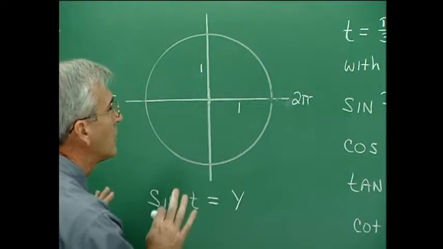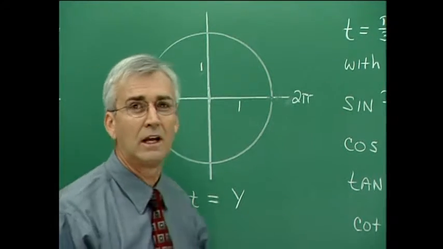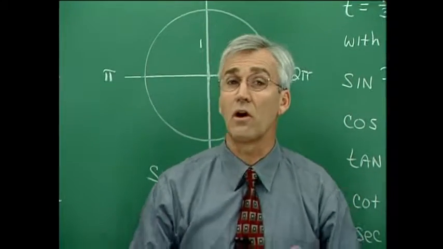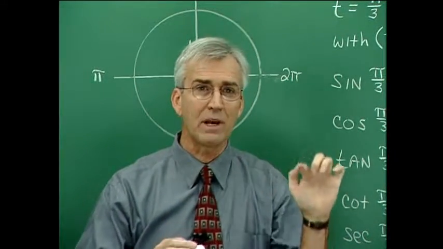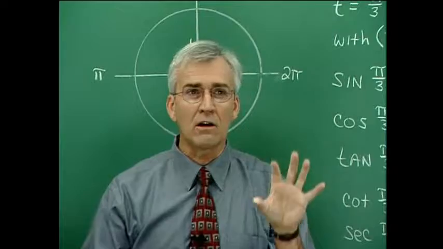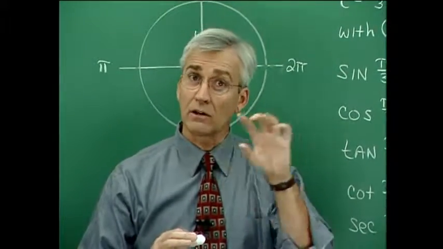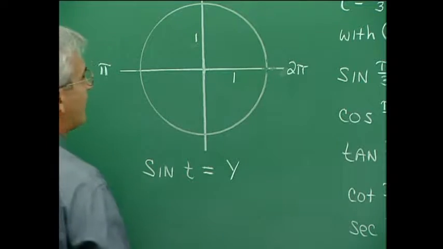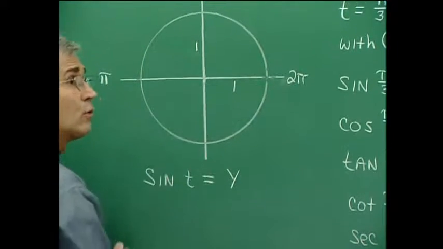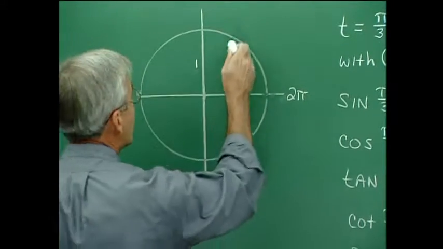And this is called periodic behavior. And this kind of behavior occurs with all of the trig functions. We have this notion of it going through a period, through a cycle, if you will, and then the cycle simply repeats.